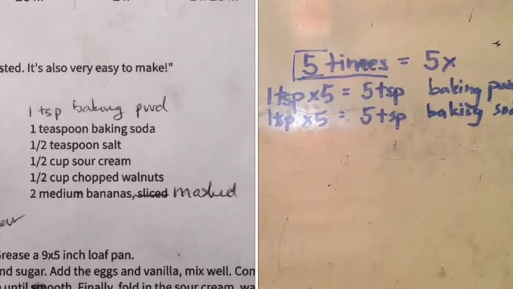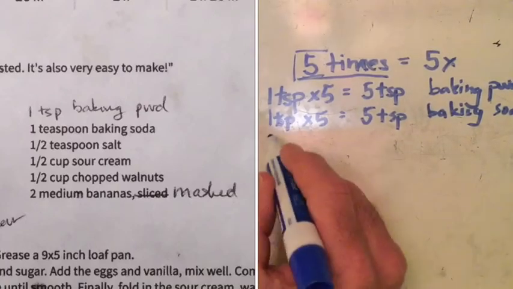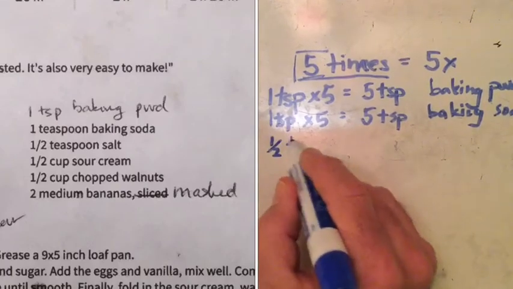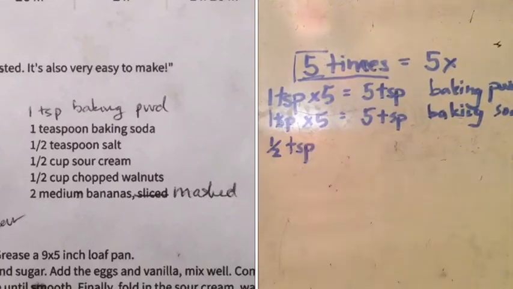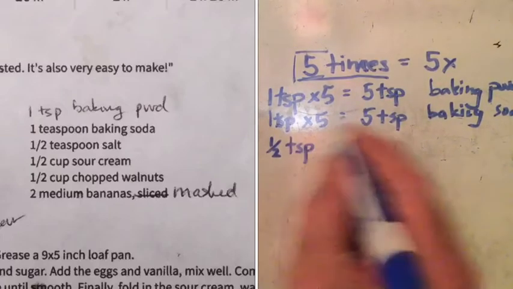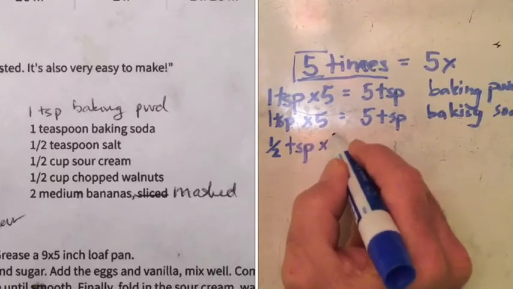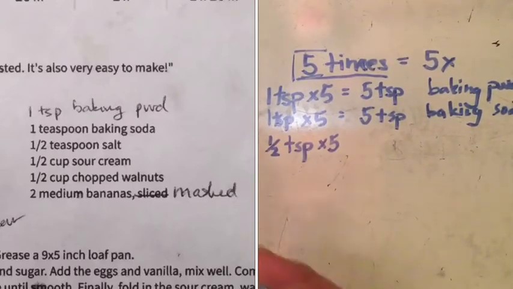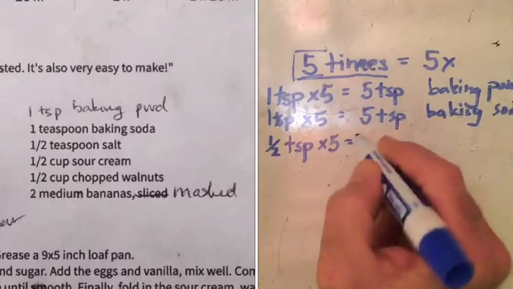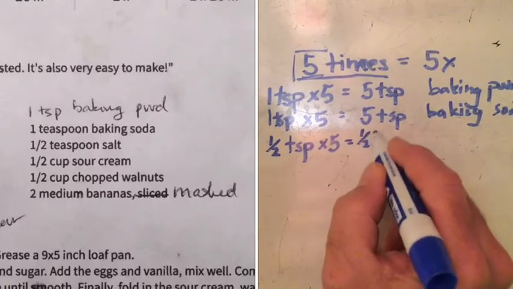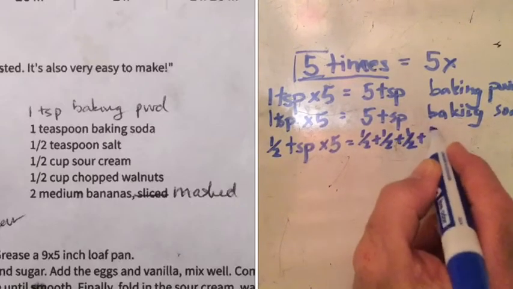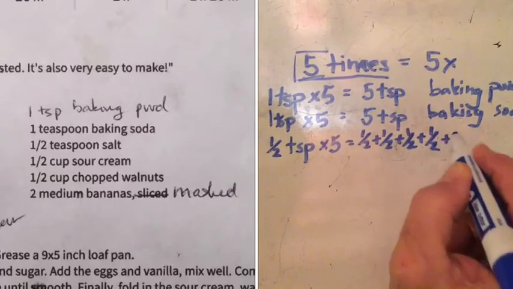The next one down is the salt. This one is 1/2 teaspoon of salt. So in this situation, we would multiply that by, again, 5, which is our multiplier. We could do this a couple different ways. We can take 1/2 and multiply it 5 times, which is the same as saying 1/2 plus 1/2 plus 1/2 plus 1/2 plus 1/2.